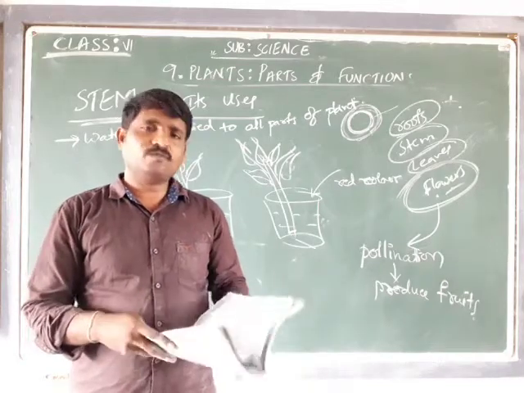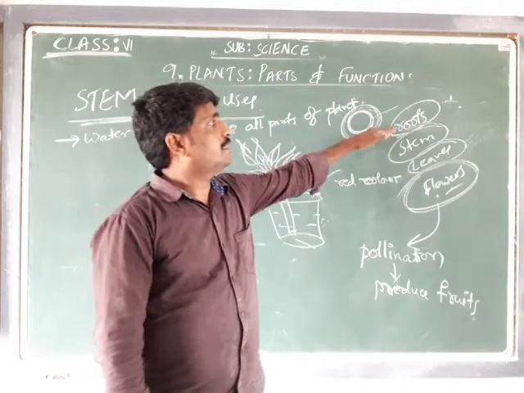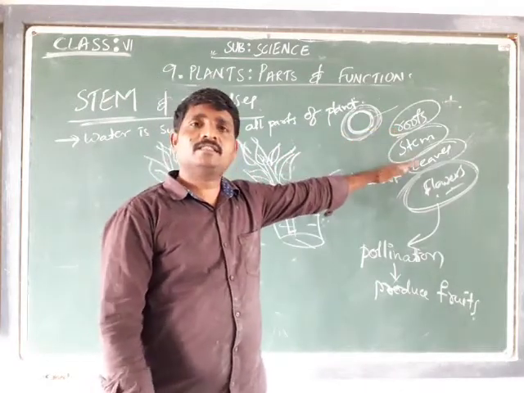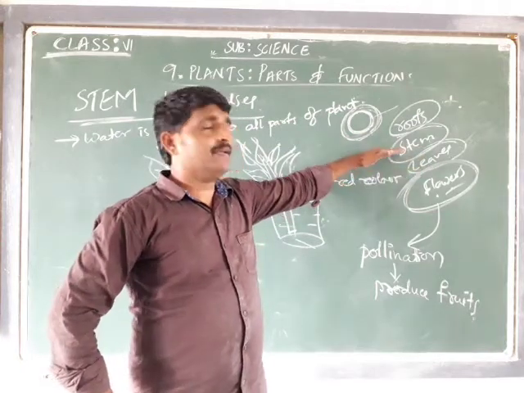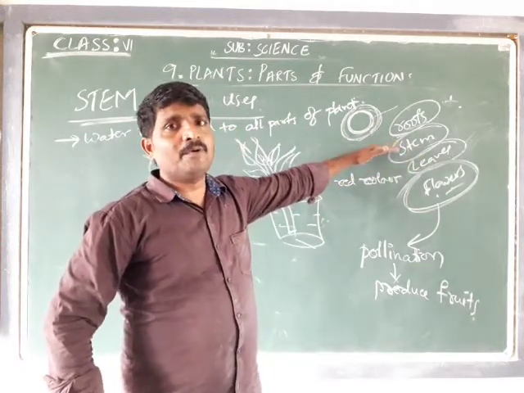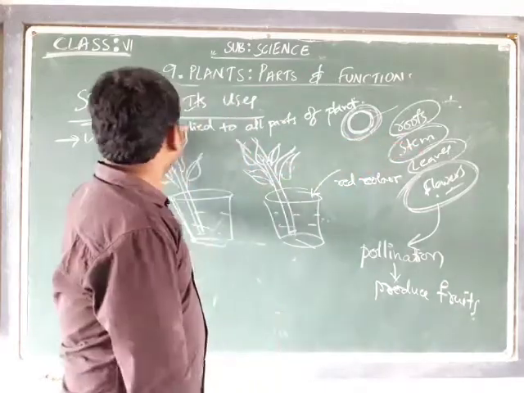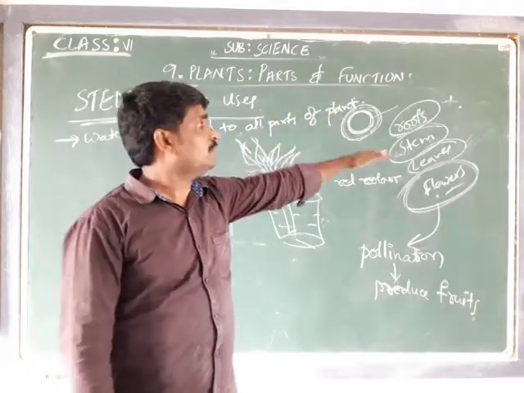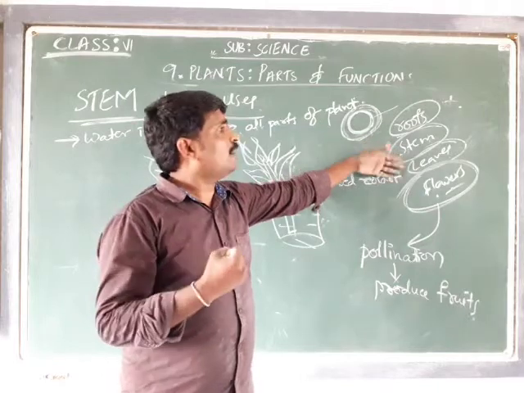I hope you understood the parts and their respective functions. Roots, types of roots and their functionalities we have discussed. Leaves, the parts of the leaf and their functionalities we have discussed. The stem mainly gives support to the plant, and it supplies the water absorbed by the root to all parts of the plant.